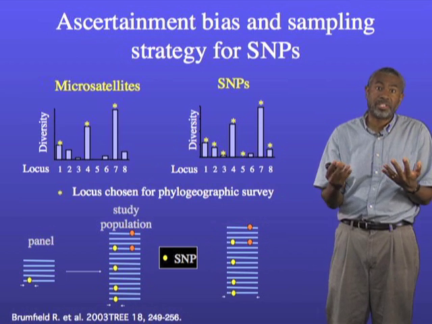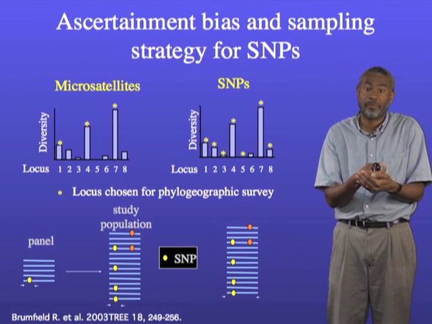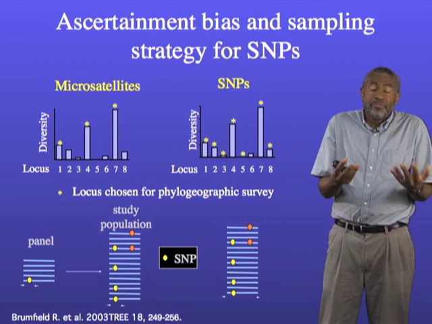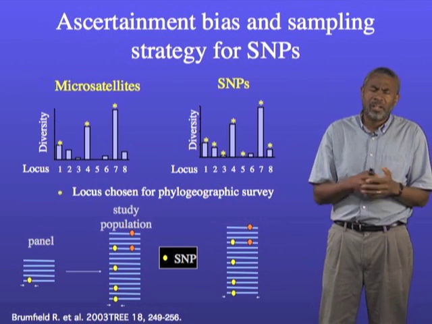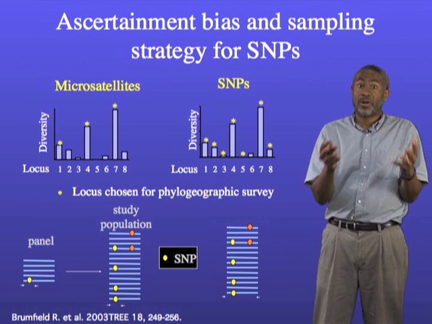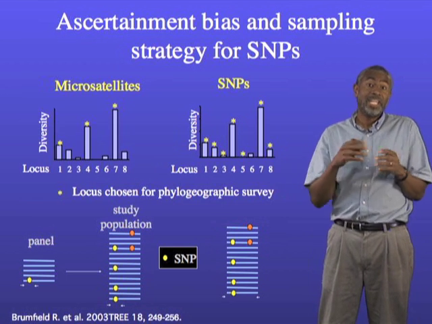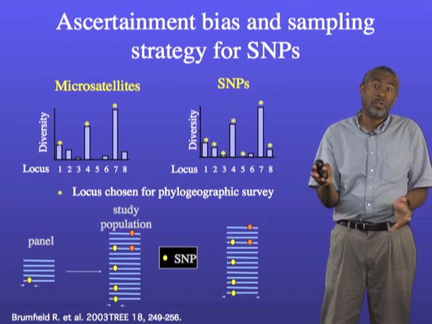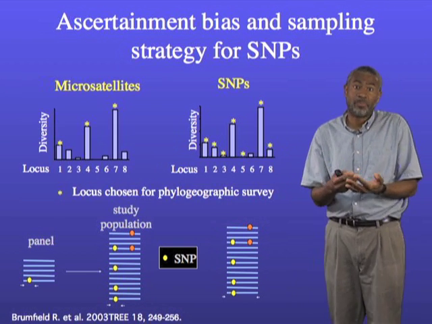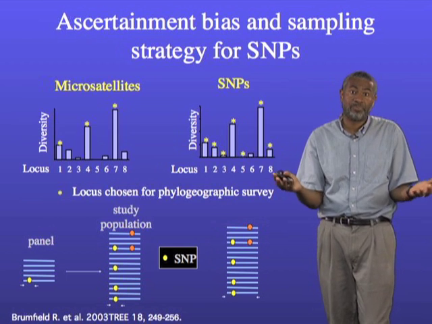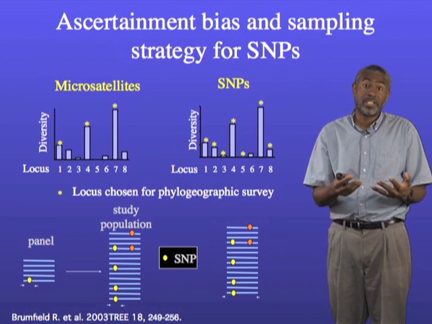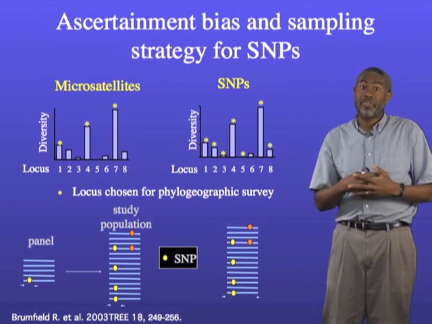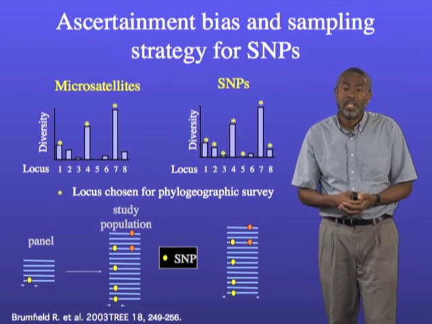It's like apples and oranges. It's hard to compare them to each other. Finally, if we focus on microsats, we tend to only look at the hypervariable parts of the genome. We get really an atypical view of what's happening in the genome as a whole. Whereas with sequence-based markers, we can take more of an average, which of course is what we want if we want to make statements about the genome as a whole and about the populations as a whole.